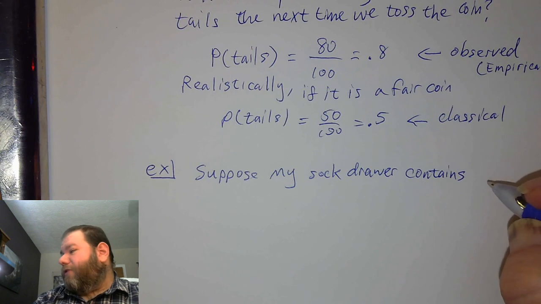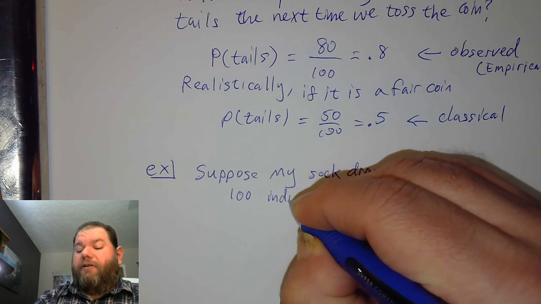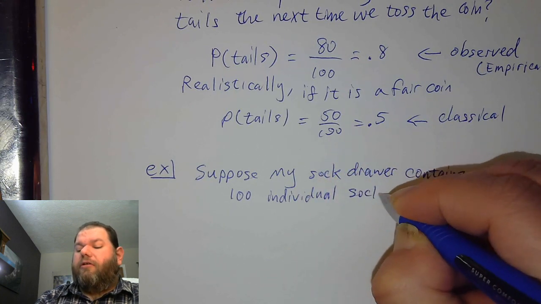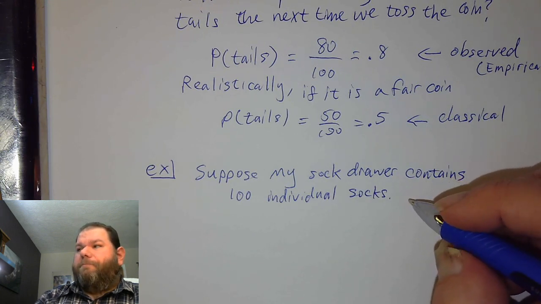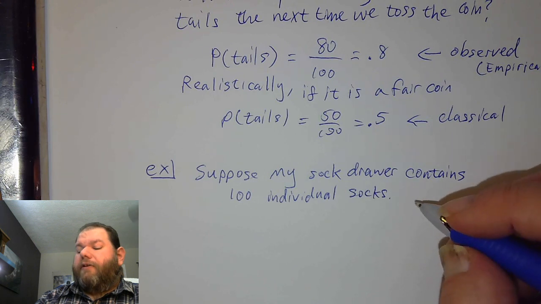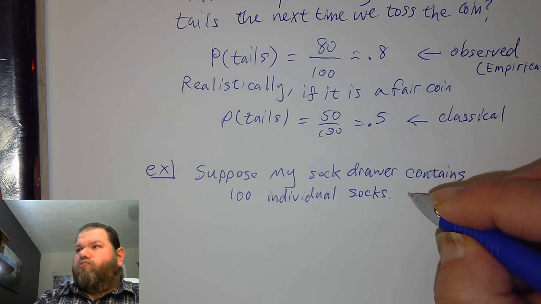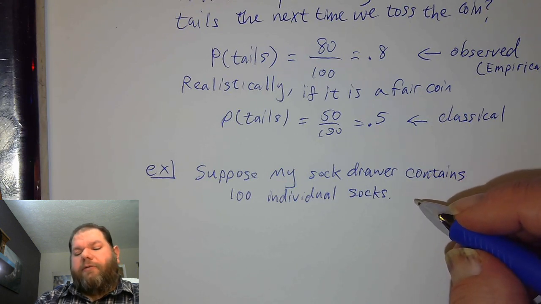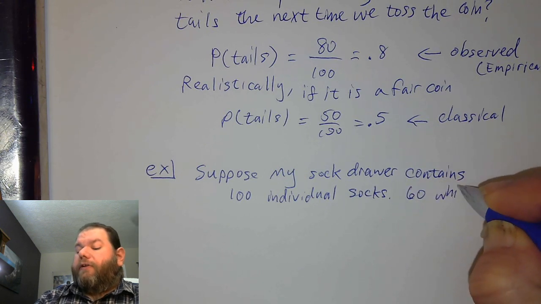Suppose my sock drawer contains 100 individual socks. My socks are not very interesting. Let's go with that. So we'll go with 60 white socks.